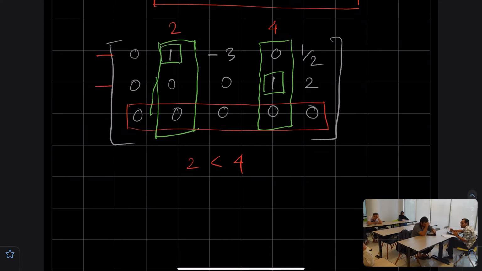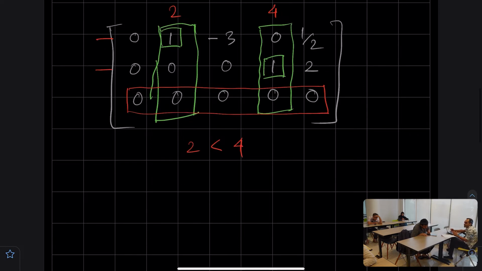And it is at the bottom of this matrix. If there is any zero row, it has to be at the bottom of that matrix. But it is not mandatory to have a zero row, right? So if a zero row exists, then it has to be at the bottom. So that's why I asked you what is a simple example of a row reduced echelon matrix.